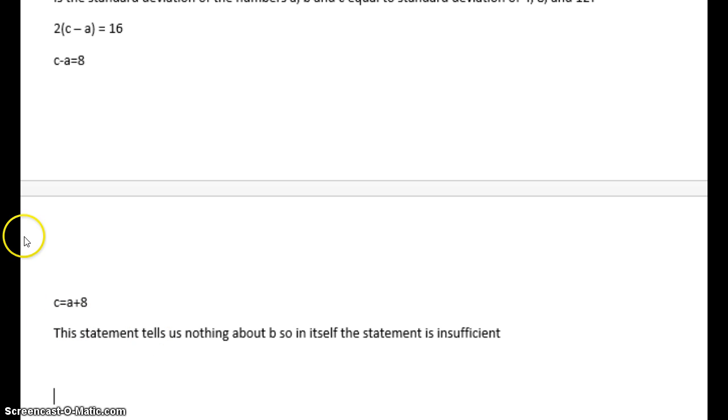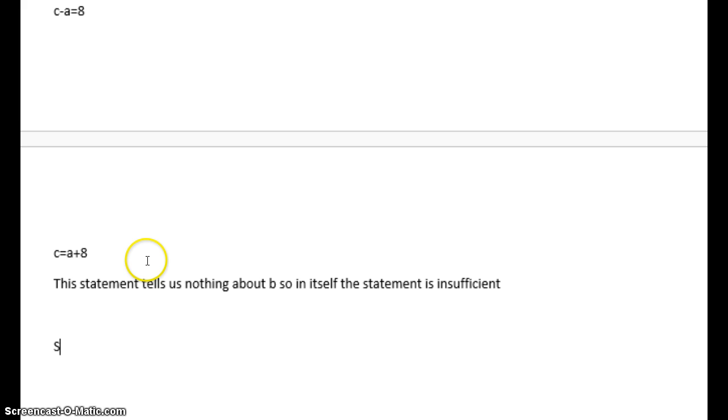Right? Now let's move on to statement 2. What does statement 2 tell us? Statement 2 tells us that 5b minus 4a is equal to 4 times of b plus 1. That's another equation that we have. Note that this is a relation between b and a as opposed to a and c in the first statement, right?